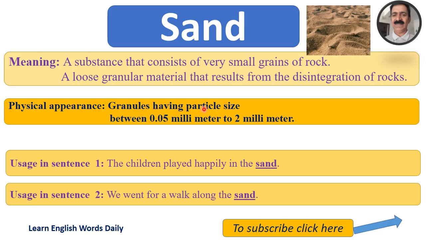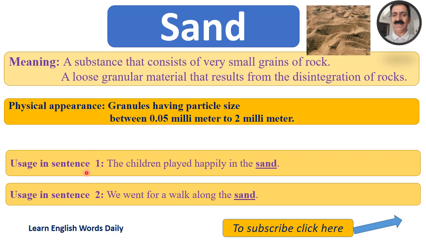So all those particles which have a size between 0.05 millimeter and 2 millimeter are called sand. Now let us see how the word sand can be used in sentence formation.